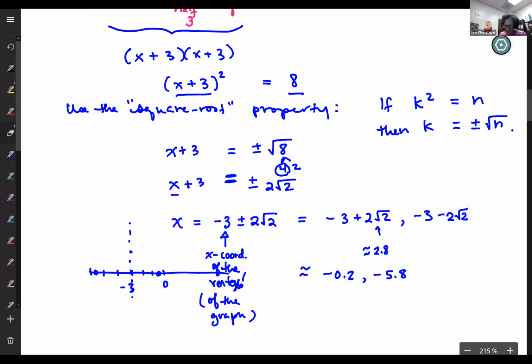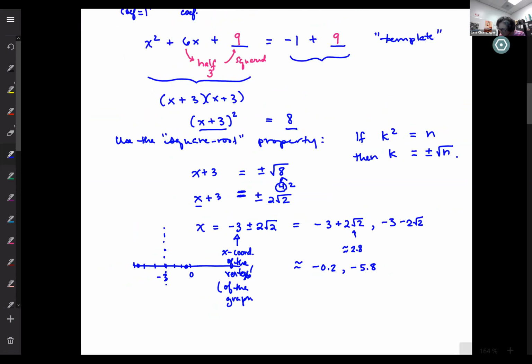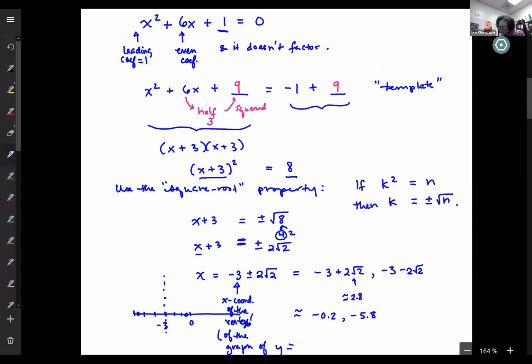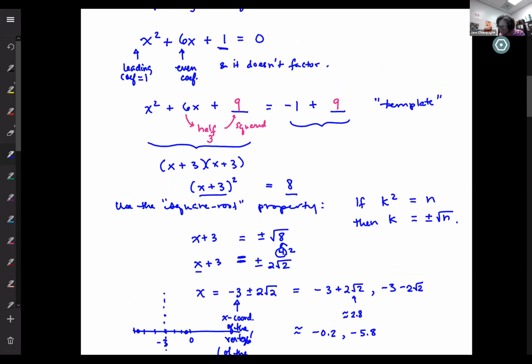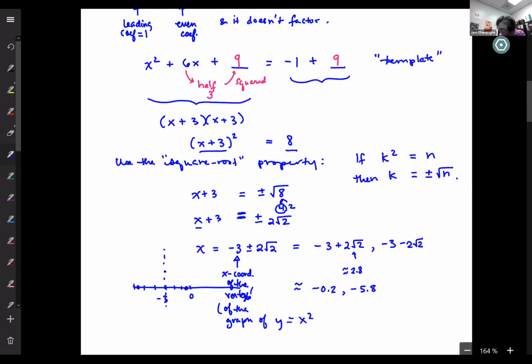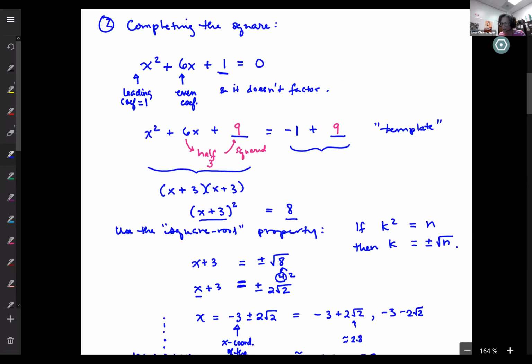Well, of the graph of what? Of the graph of the corresponding function. Of the graph of y equals, what was the original equation? x squared plus 6x plus 1. Right? That would be the corresponding quadratic function for this quadratic equation.